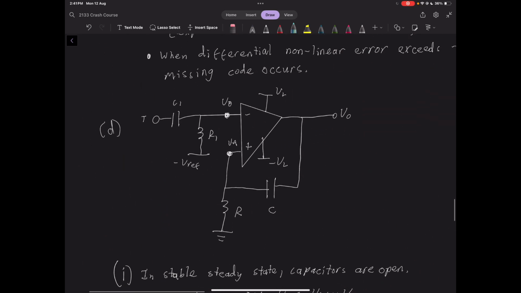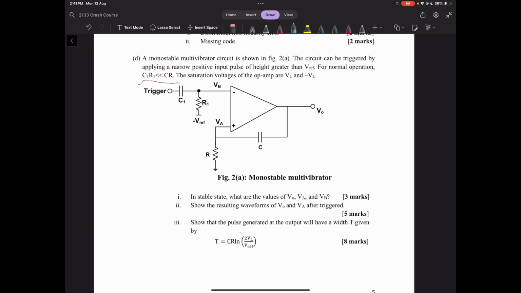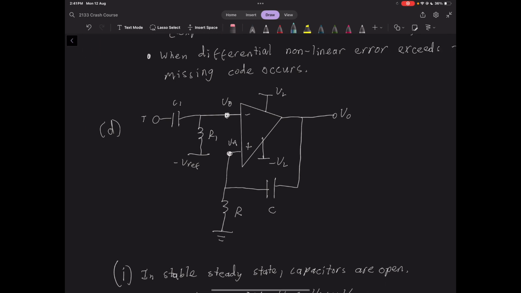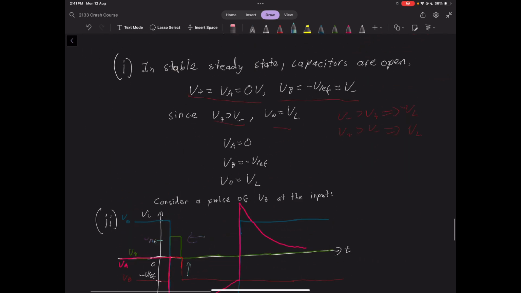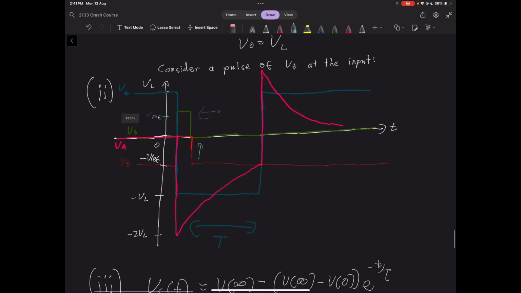Because the question said assume C1R1 is much less than CR, we're not really going to consider these sawtooth kind of spikes that would happen as VB changes, because technically you have your spike here and you'd expect it to take time to go across this capacitor, but we're assuming that it's small and insignificant.